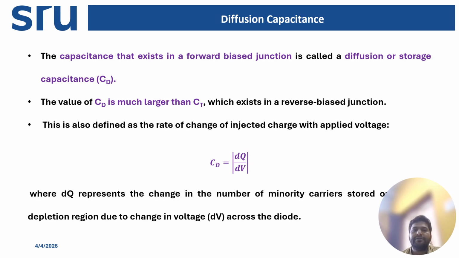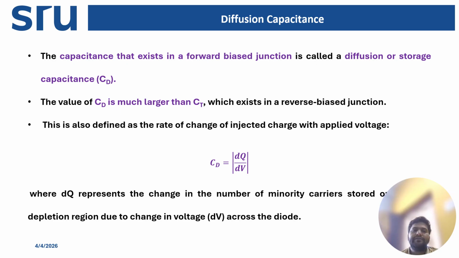A large amount of charge is stored near the junction. Even a small change in voltage changes the stored charge significantly. Therefore, diffusion capacitance is produced.